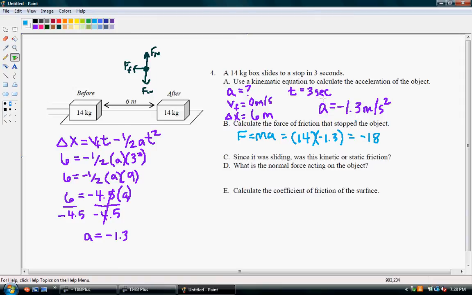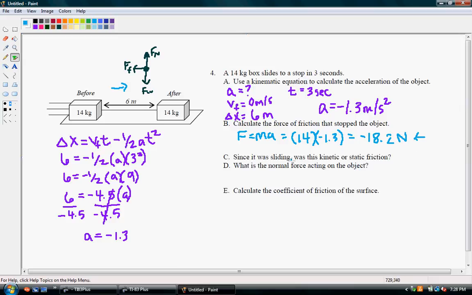It's negative because the box is trying to move to the right, but the frictional force is opposing it, moving to the left. So this is negative 18.2 newtons, or 18.2 newtons, to the left.